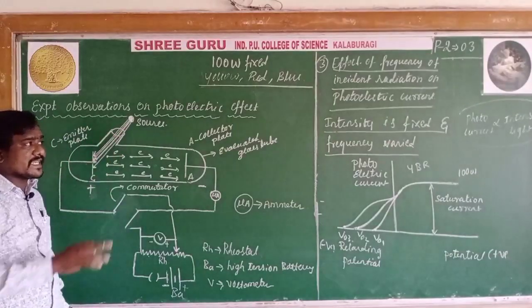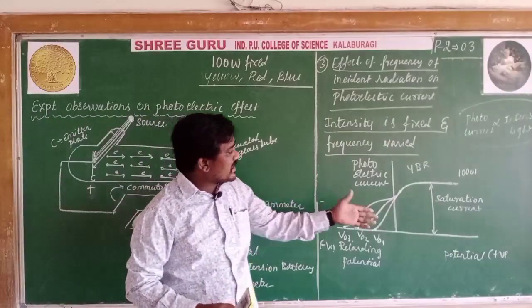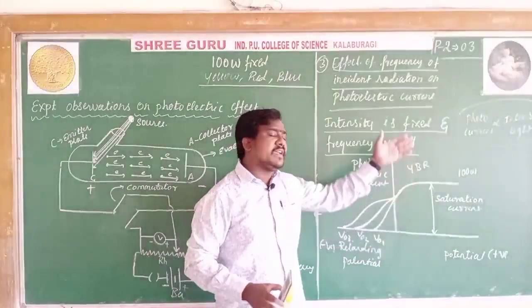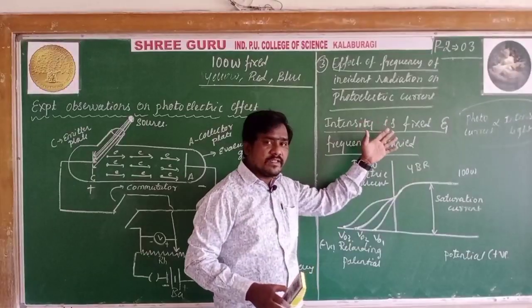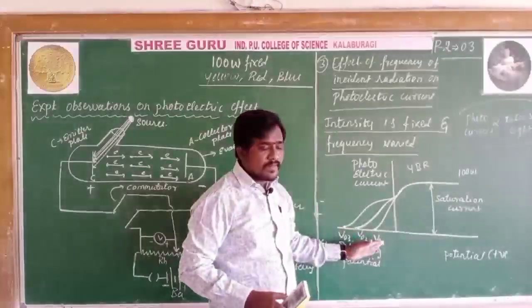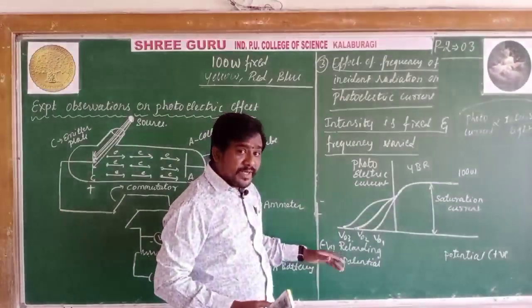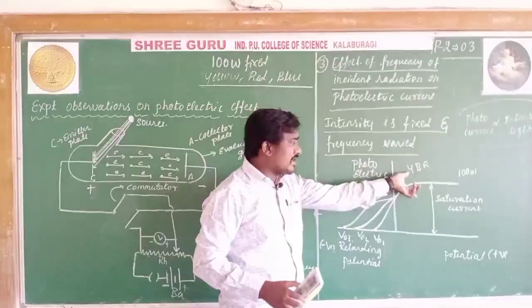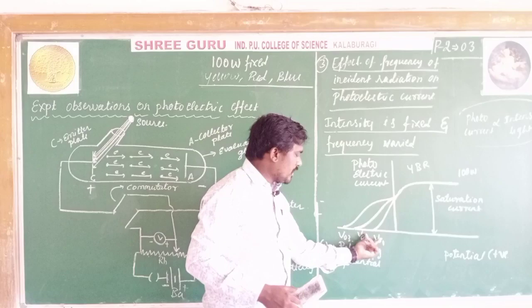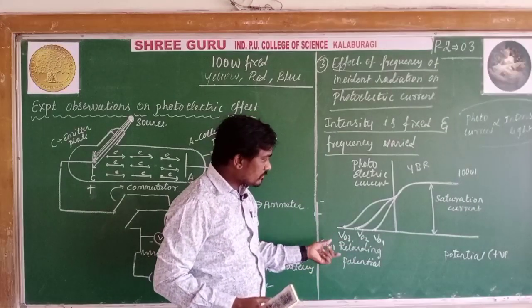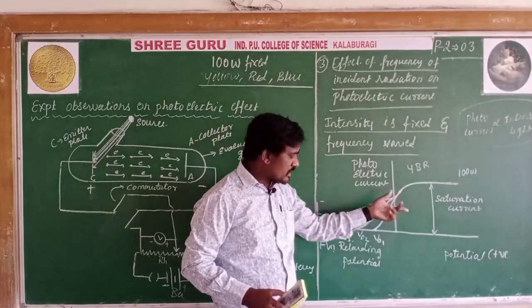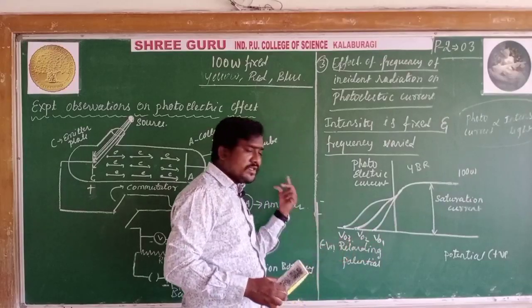Already we discussed in the second one: if the frequency is fixed, intensity may vary, intensity is different, the stopping potential is the same. But if the frequencies are different and the intensity of light is fixed, the stopping potentials are different. Frequency changes, stopping potential also changes.